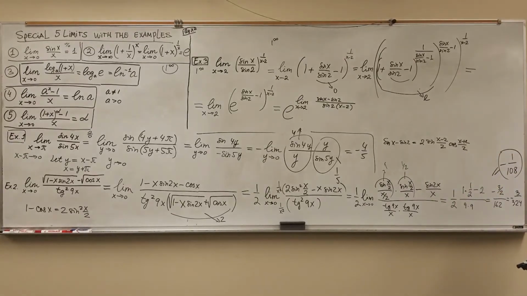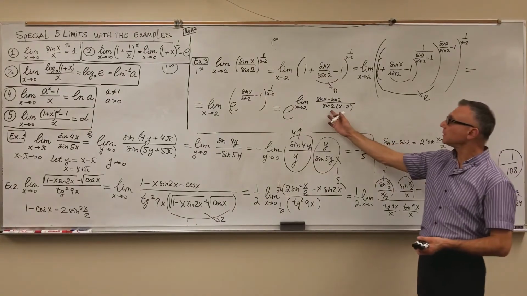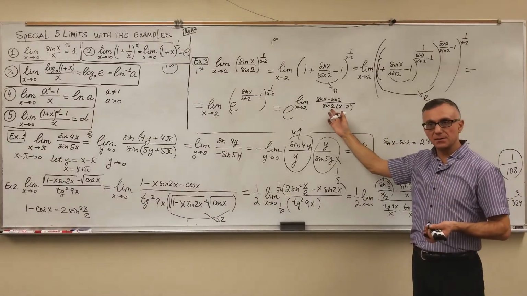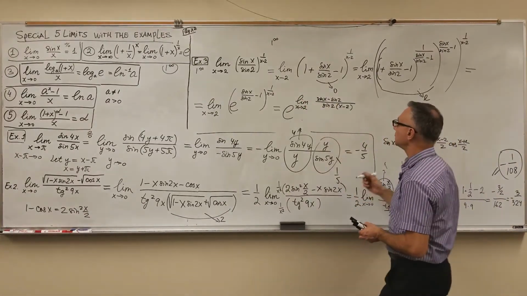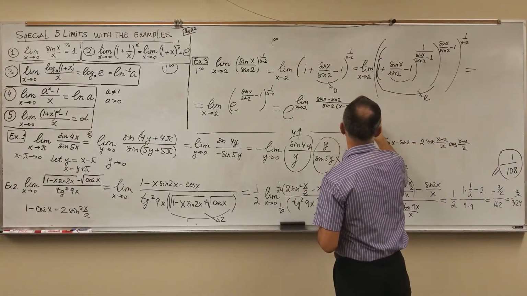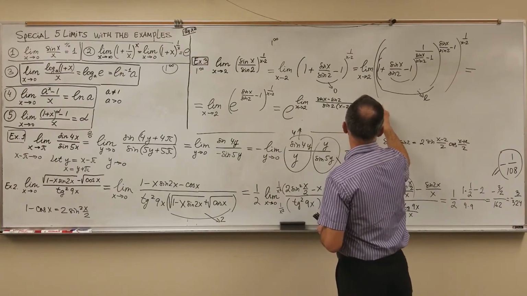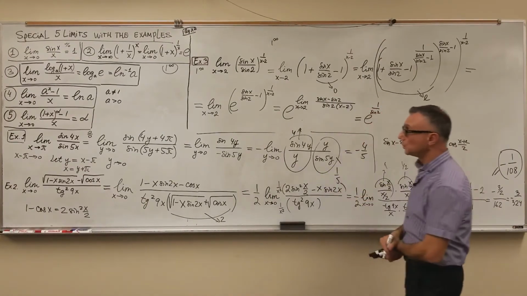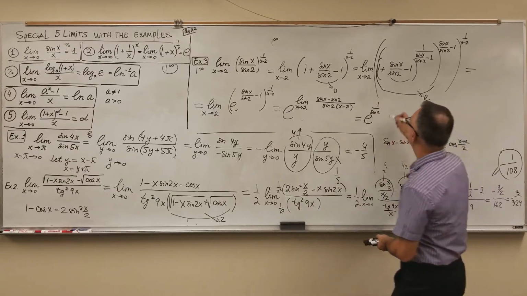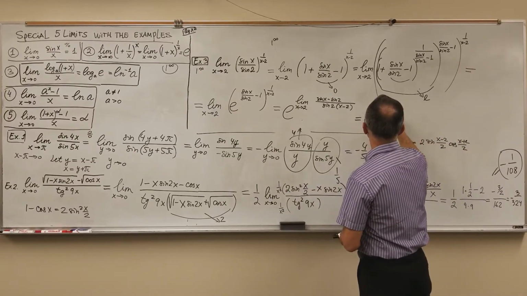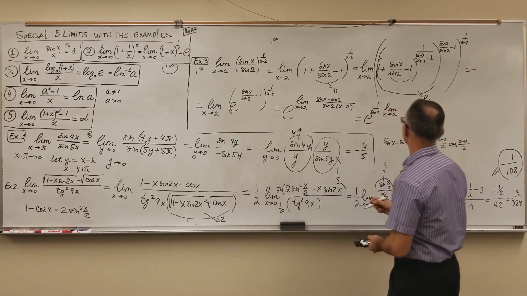This is what I will use here. Sine of 2 is a constant. I can pull it up front of the limit. So it will be equal to e to the power of 1 over sine of 2 times the limit, x goes to 2.